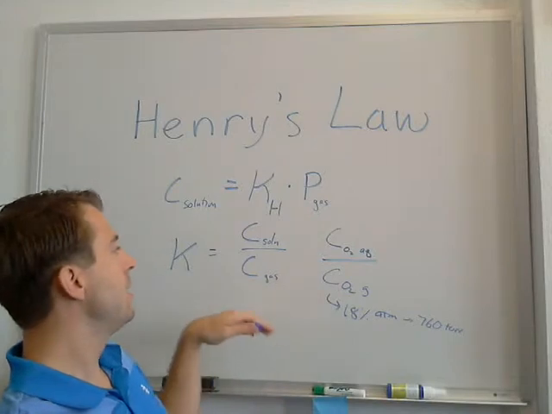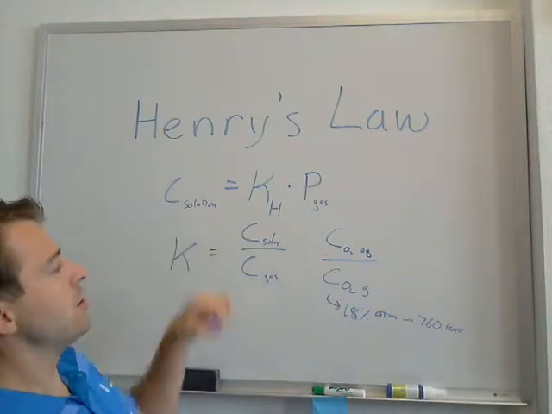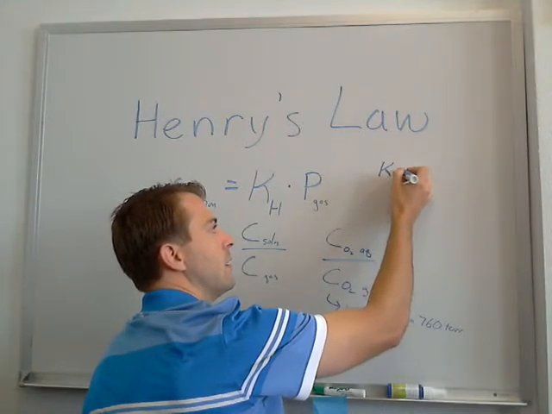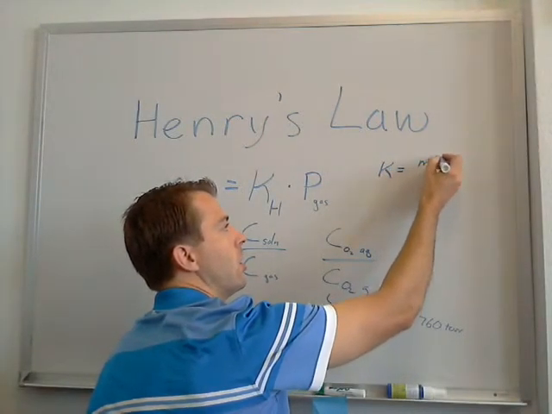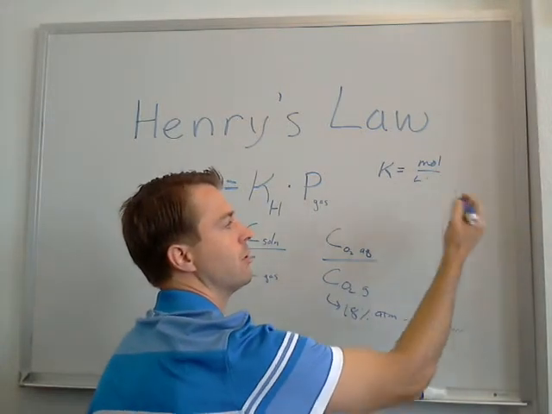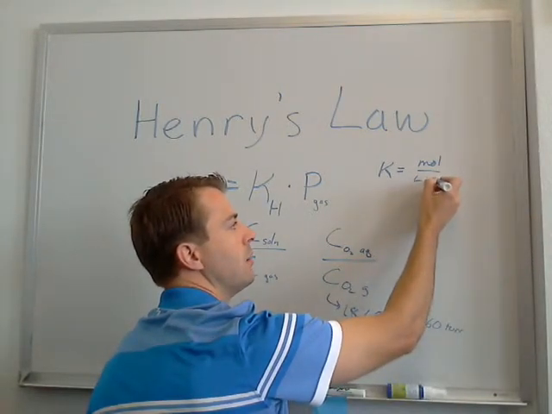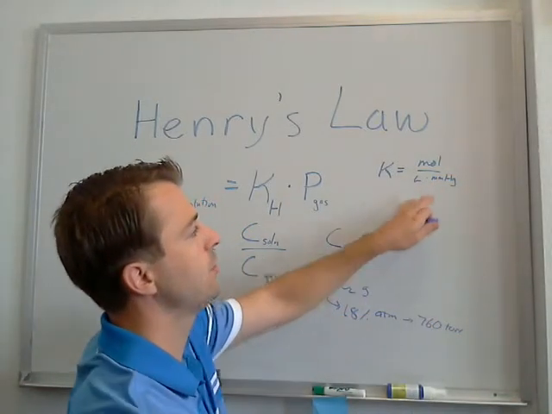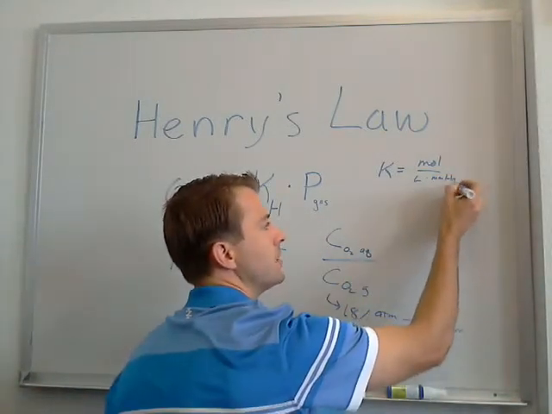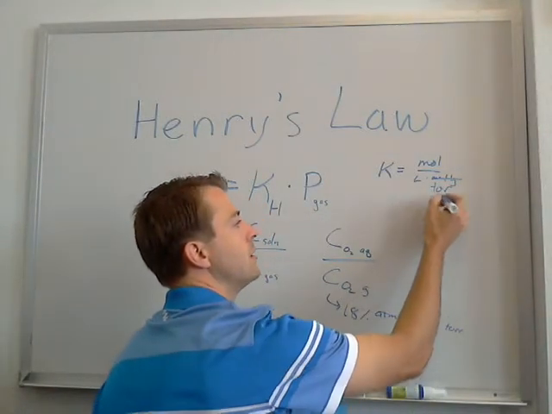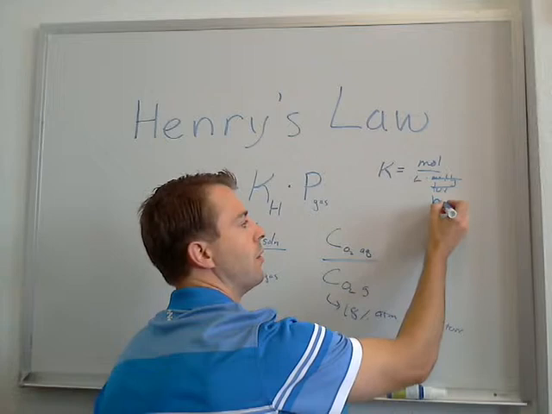And from that, the Henry's Law constants are usually expressed in moles per liter per pressure unit. Oftentimes it might be millimeters of mercury, and of course millimeters of mercury is the same thing as torr, but sometimes it's also expressed as bar.